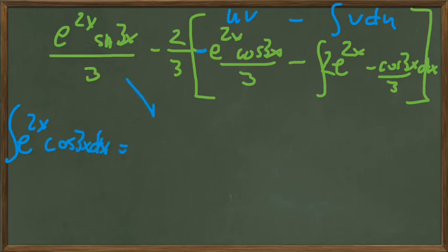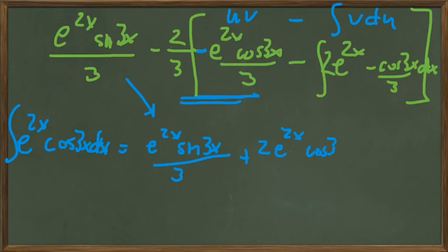We got e to the 2x sine 3x over 3. We've got this part right here, which is plus 2 over 9 e to the 2x cosine 3x.